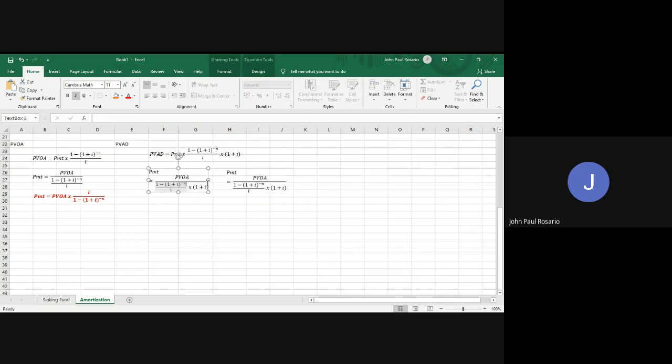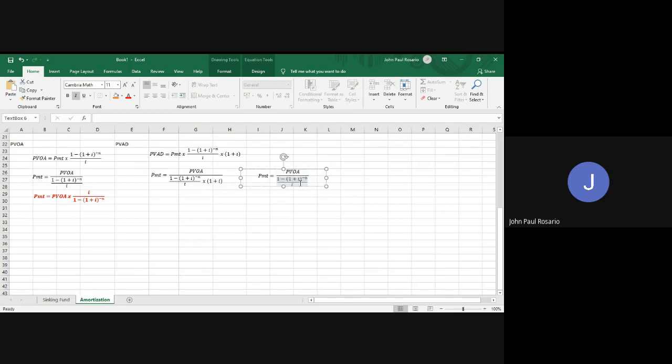Again, multiplication of fractions, so we can transfer this times 1 plus i to the numerator.